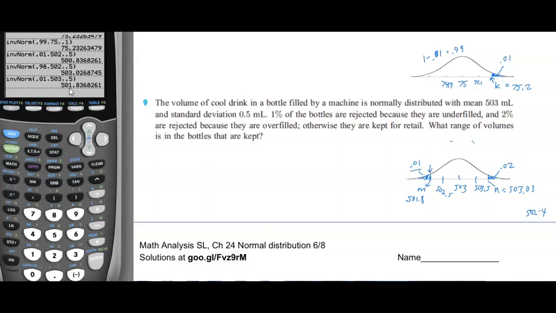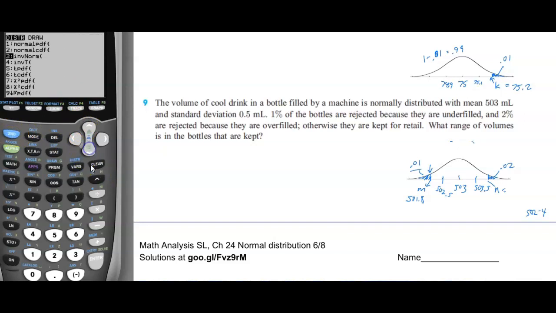Let's figure out what the value is for N, which is the right edge of the white region. So we're going to again do second distribution, inverse norm. Now this one is tricky because it's a right-sided region. The old calculator can't handle that. We need to figure out the complementary region to the left.